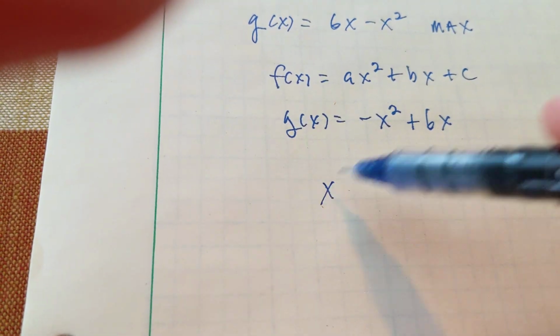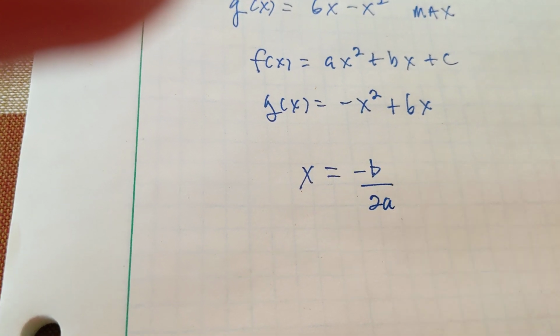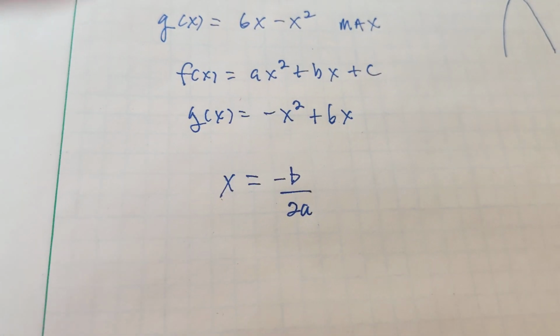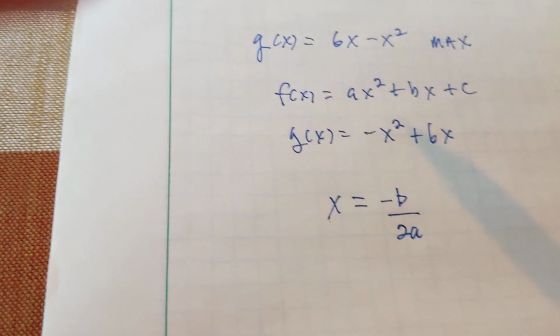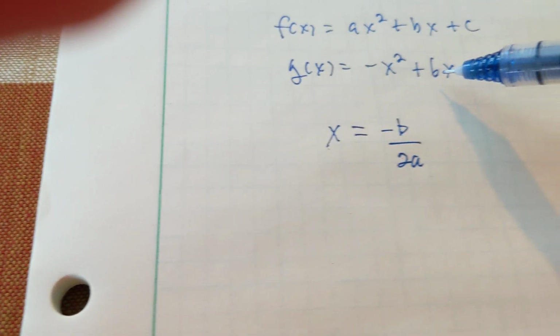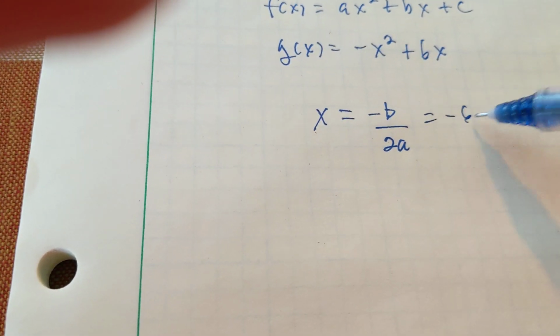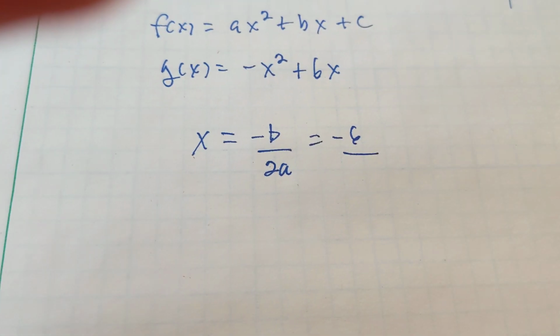Anyway, I want to find that minimum or maximum. Here's how you do it. You say x equals the opposite of b over 2a. This is how to find the x value of the vertex. I'm just using the values here. Notice that b is 6, so the opposite of b would be negative 6.